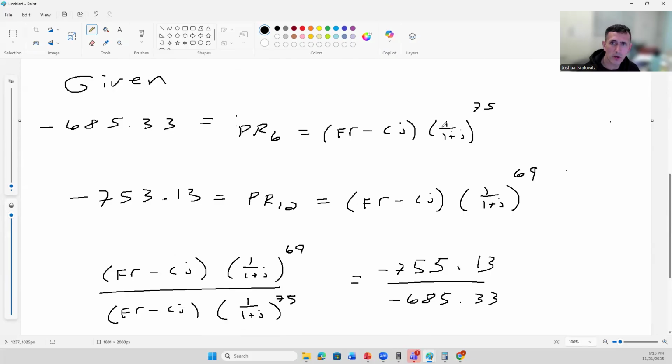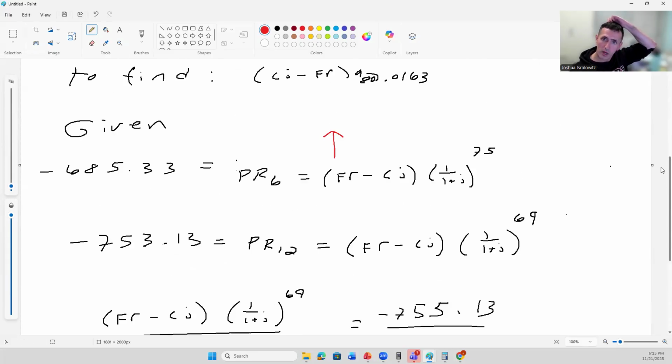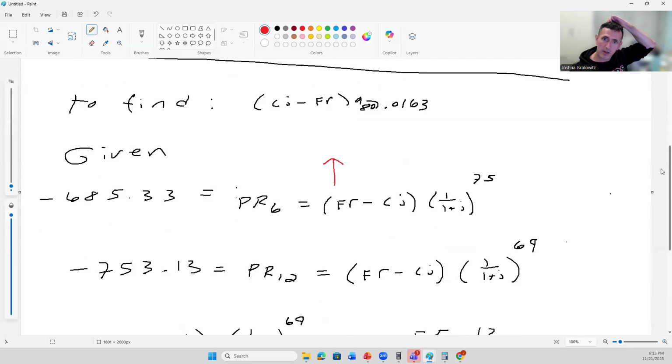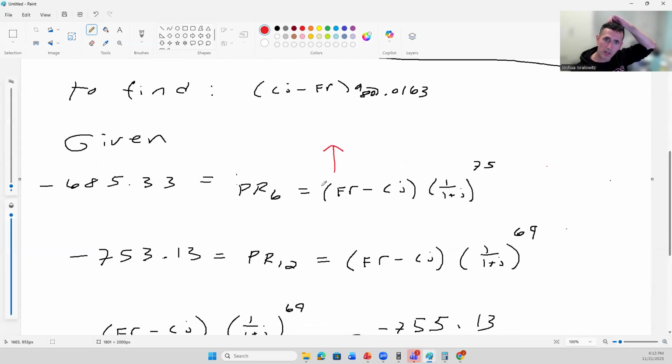So let's just use this one. I need CJ minus FR, and everything makes sense with the minus, so I'm going to minus both sides.